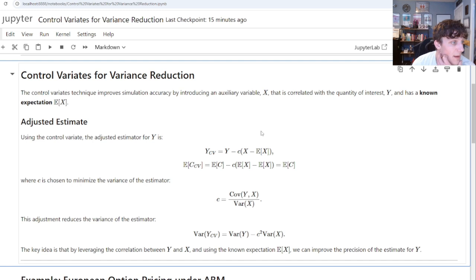If that's a little too complicated, let's just take a look at what happens when we take the expectation of this top equation here. That's what's going on down here. Remember, Y is the target quantity of interest. I'm going to take the expectation of both sides, substituting C in for Y, and you can see that the expectation of the control variate is going to be equal to the expectation of the target quantity of interest.